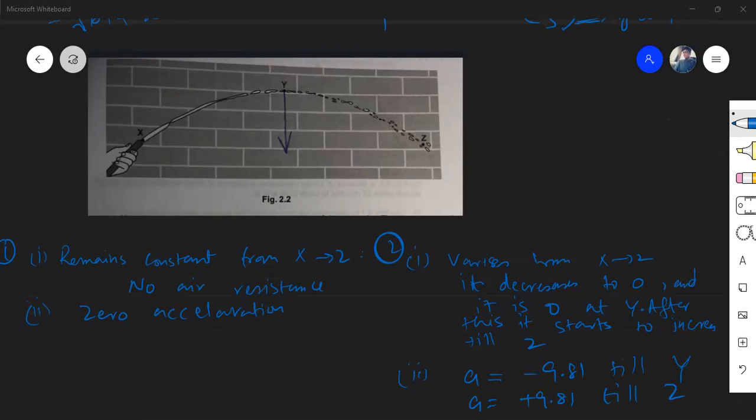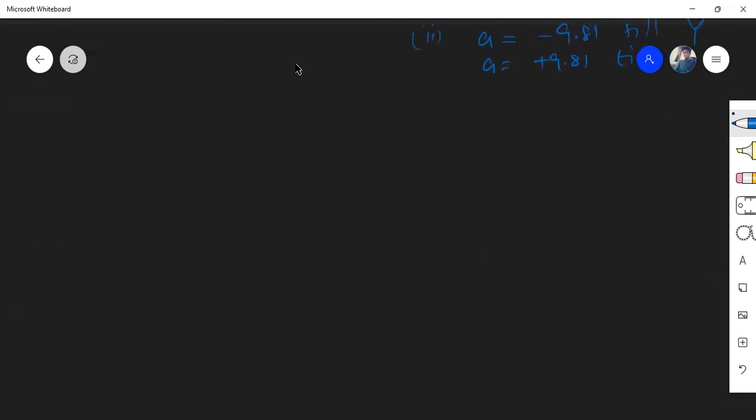The drag force is F equals K times A times V squared. Okay, so about the units question, how do you solve this question?